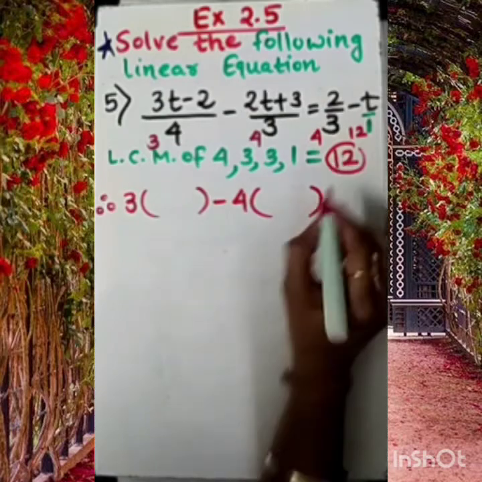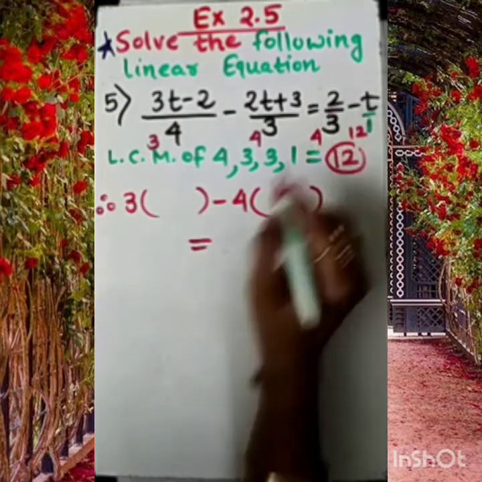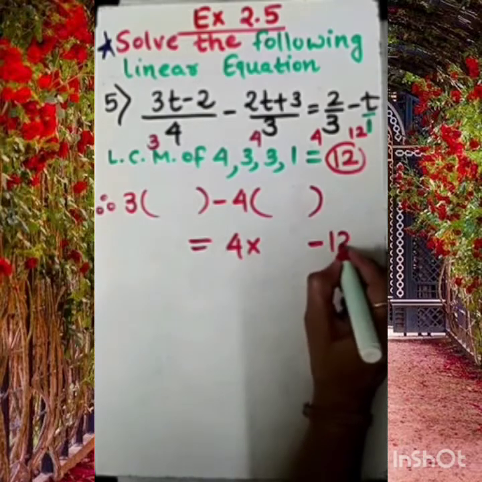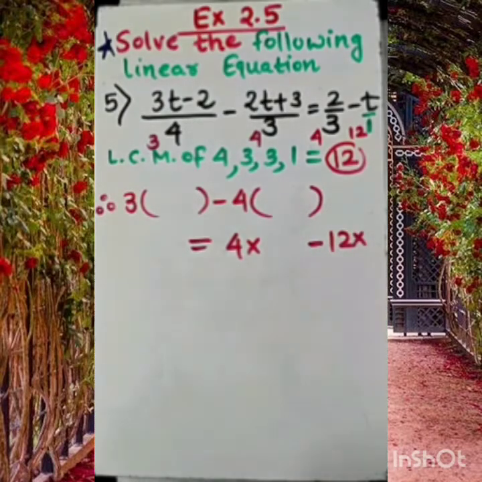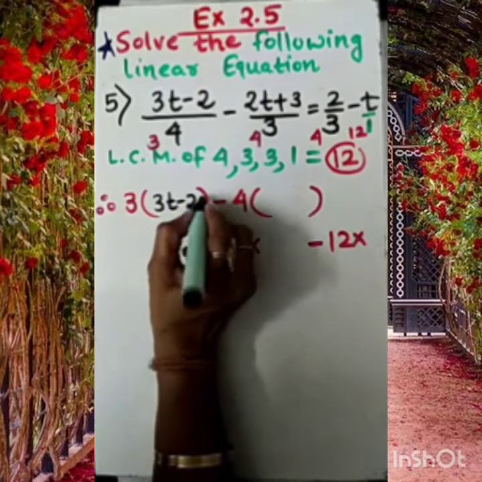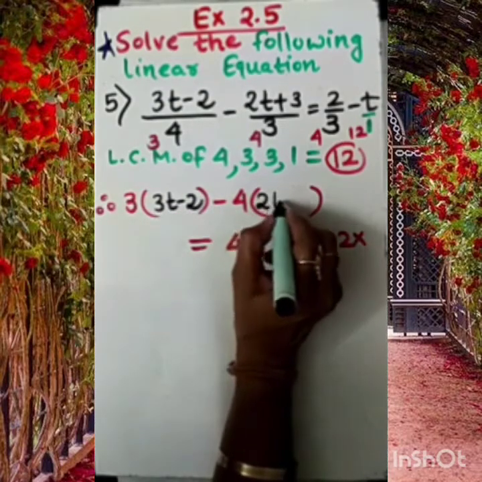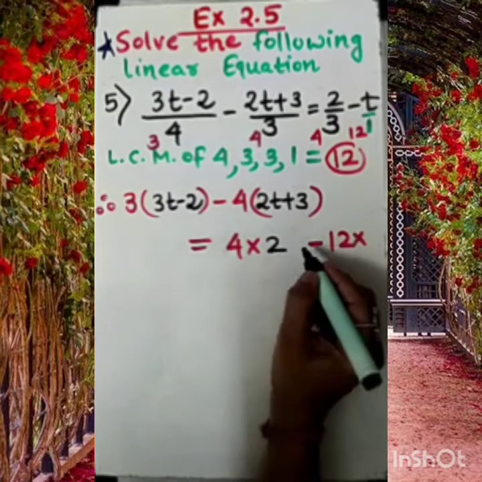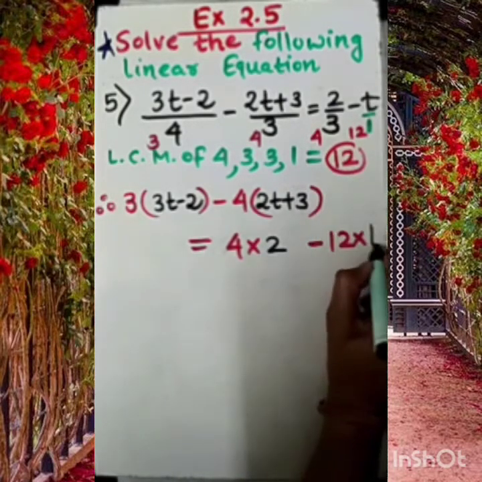This side equal to 4 into 2 and minus 12 into t. So I am mentioning it here with the black marker, whatever numbers we are given in the bracket: 3t, 2t plus 3, 4 into 2 minus 12 into t.